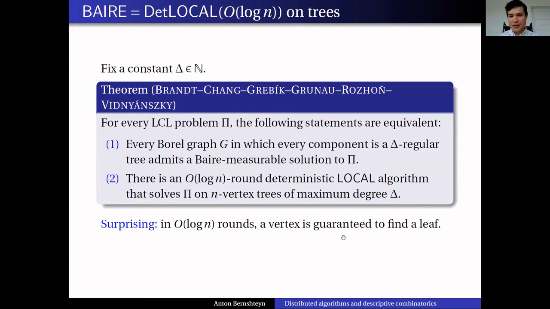In big O of log n rounds, a vertex is guaranteed to find a leaf in the tree, so it can see that the tree is not delta-regular. Conversely, the algorithm may require the vertex to go until it finds at least one leaf before it decides to do anything. So this isn't going to work if the graph is delta-regular and has no leaves. It is really surprising that this big O of log n turns out to be related. Both directions, from 1 to 2 and from 2 to 1, require non-trivial work.